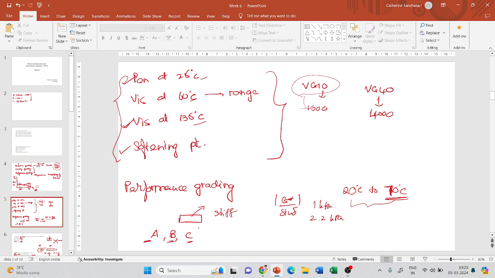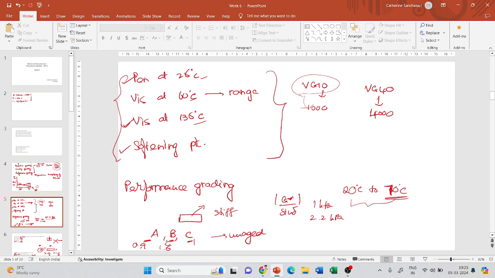Let us say at 70 degrees Celsius, my bitumen A has a G star by sine delta of 0.9. All of this is done at unaged conditions. Let this one have 1.5 and this one have 2.5.